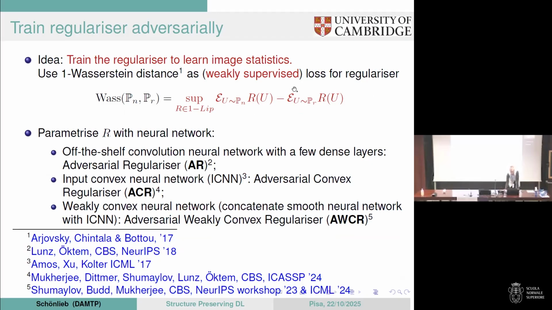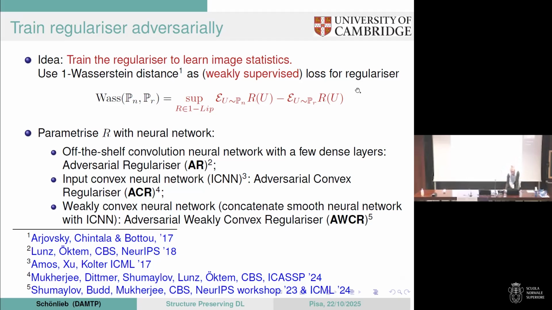One is that this has been used for training neural networks in a particular setting, called generative adversarial networks, where the Wasserstein distance has been used to discriminate between real and made up, meaning produced by the neural network, examples.